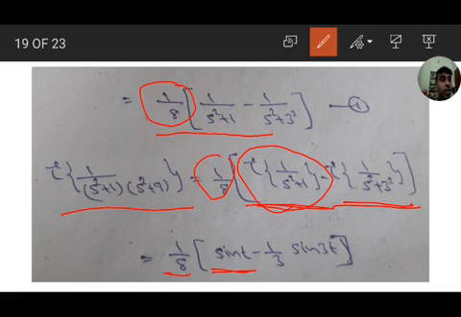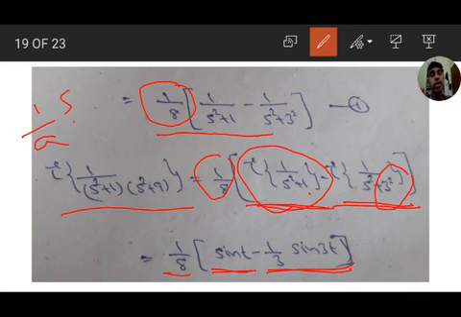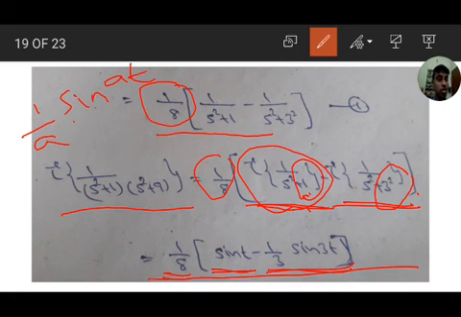L inverse of 1 by (s square plus 3 square), here a equals 3, so it is 1 by 3 into sin 3t. Recall L inverse of 1 by (s square plus a square) equals 1 by a into sin at. Here, in the first one a equals 1 and in the second one a equals 3. Therefore the final answer is 1 by 8 into (sin t minus 1 by 3 sin 3t).